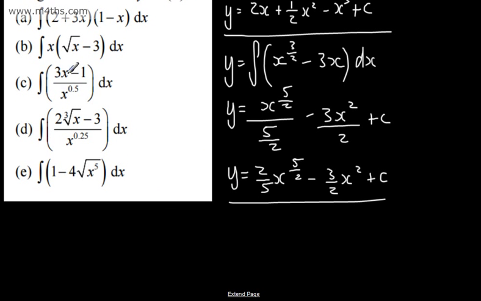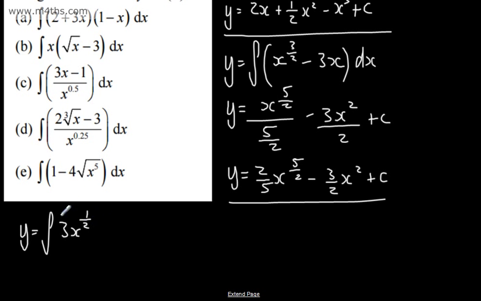Right, this one, we need to split this up. We've got now a numerator and a denominator. So as we did with differentiation, we split it up, and we can say that y is going to be equal to the integral. What we'll have is 3x over x to the half, which is going to give me now 3x to the power of 1/2. If we're dividing, we subtract the powers.